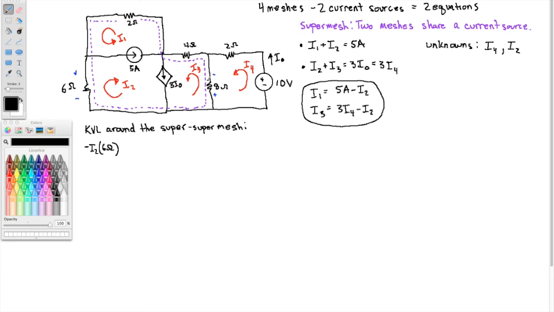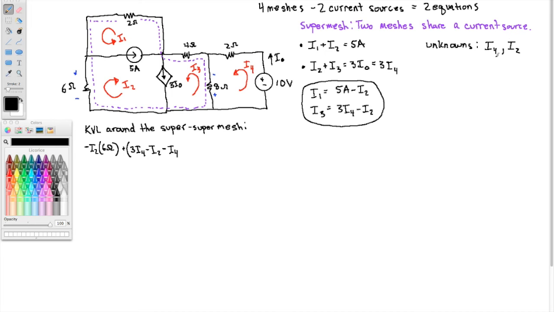So I'm going with I3, and I4 is opposing me. So I'm going to write plus. I3, I'm not going to write. Instead, I'm going to write 3I4 minus I2. And then I4 opposes me, so minus I4.